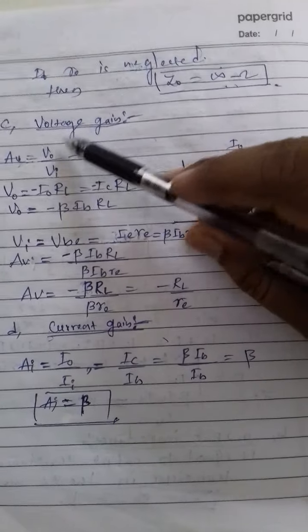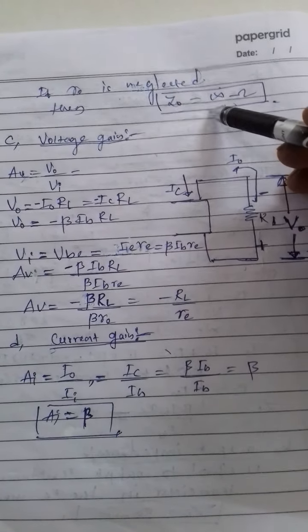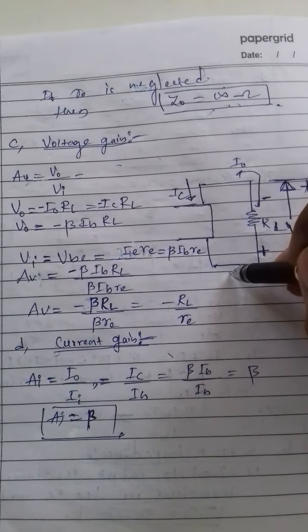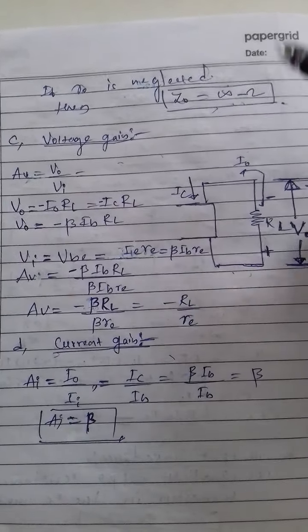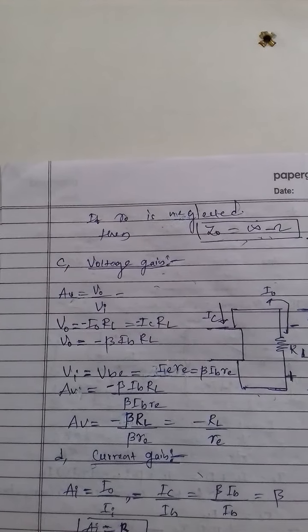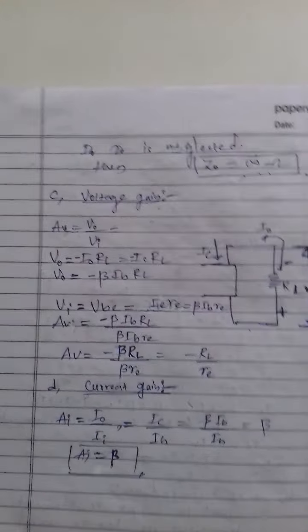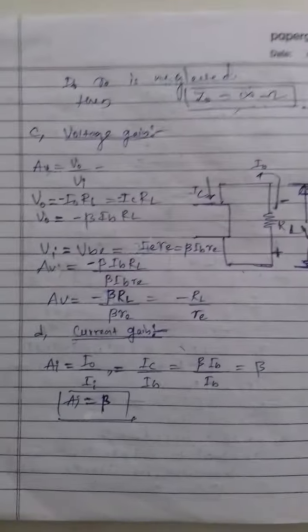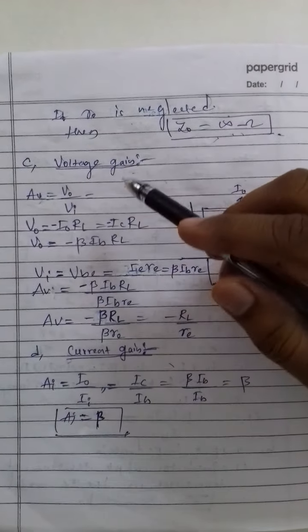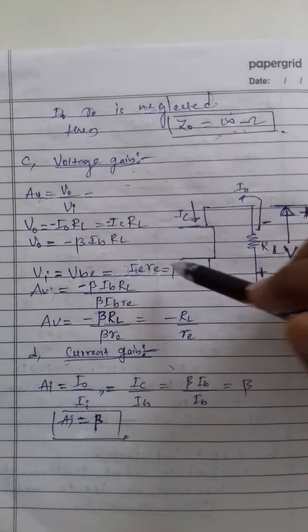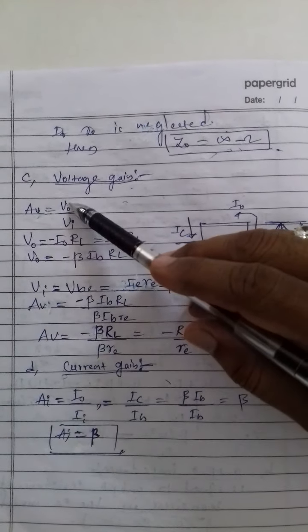Now the voltage gain from the RE model of the transistor under the common emitter configuration is the output voltage upon input voltage.